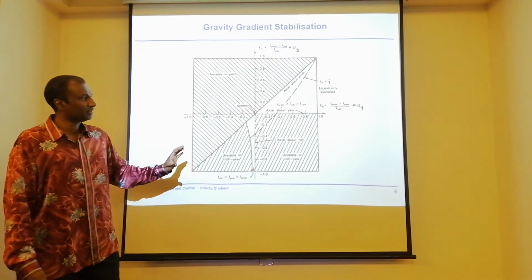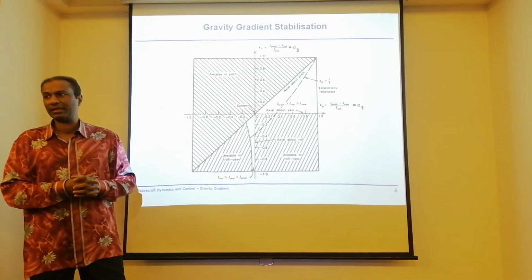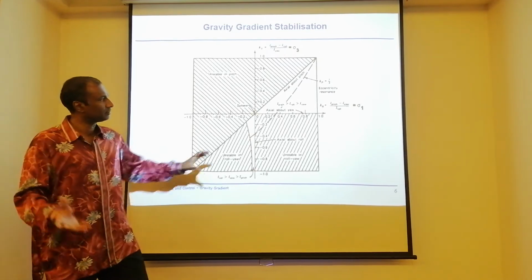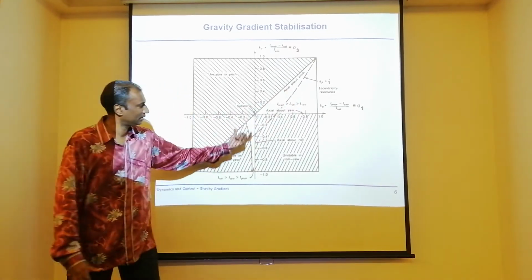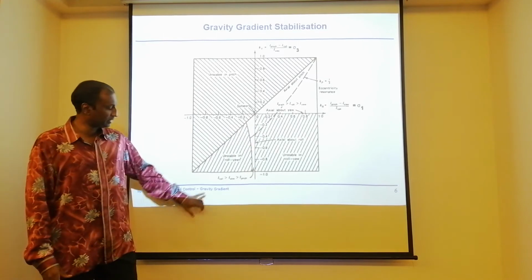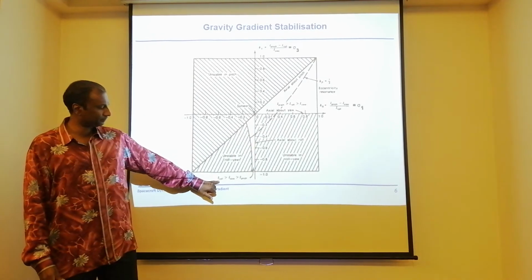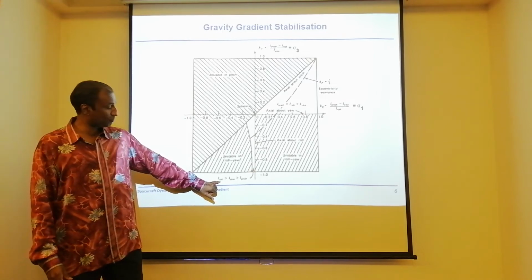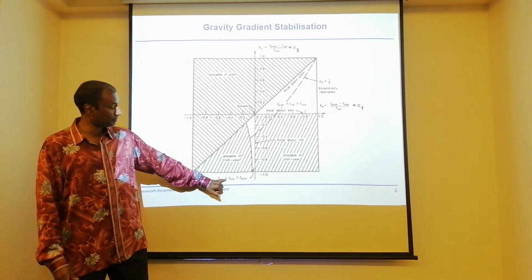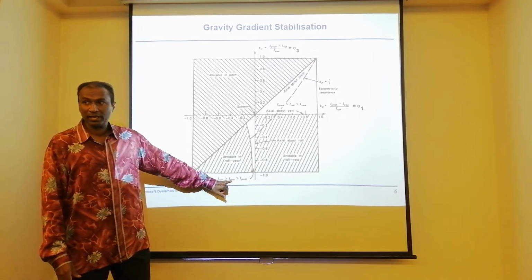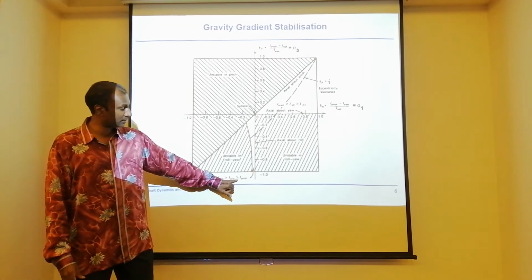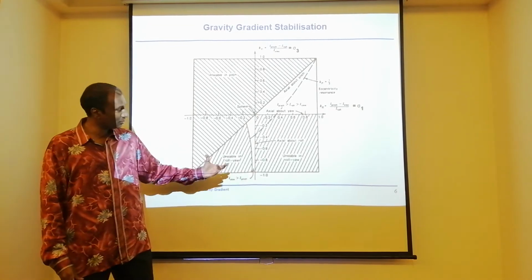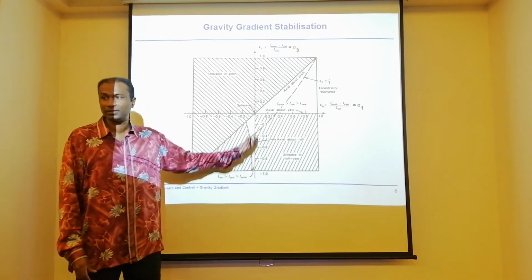There is a very, very small region which is stable. This region and this slice here. It says that if you can read clearly, the roll inertia must be bigger than the yaw inertia, and the yaw inertia must be bigger than the pitch inertia. You can arrive at this stable condition.